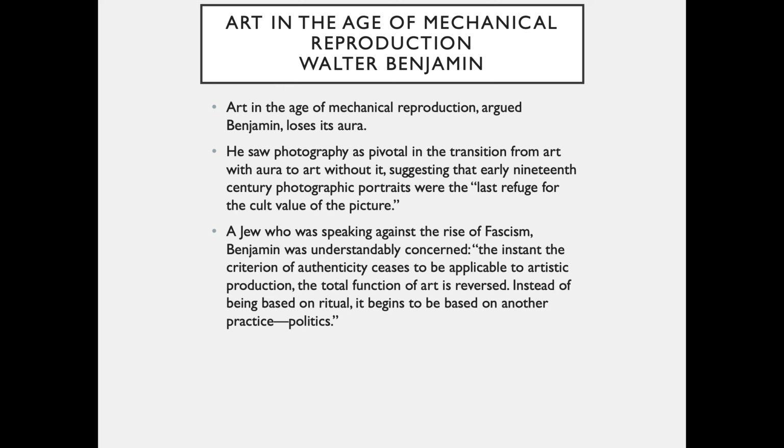Benjamin was understandably concerned: "The instant the criterion of authenticity ceases to be applicable to artistic production, the total function of art is reversed. Instead of being based on ritual, it begins to be based on another practice, politics." So he felt that if you see art in the form of a photograph, it really changes it, and it starts to be about not a ritual, but about politics.